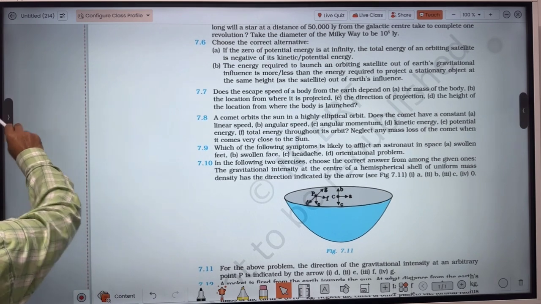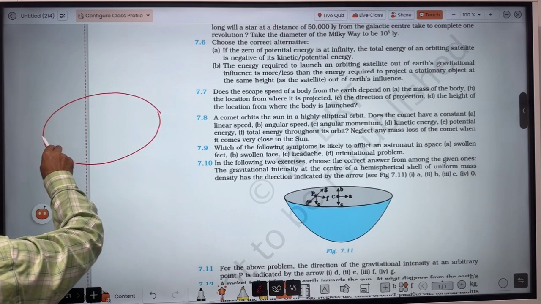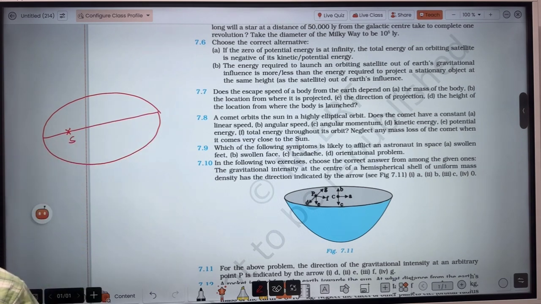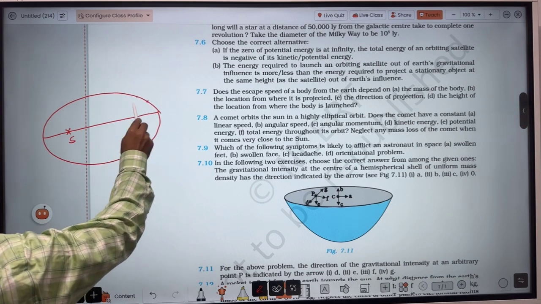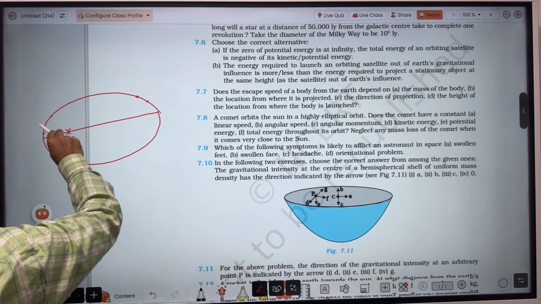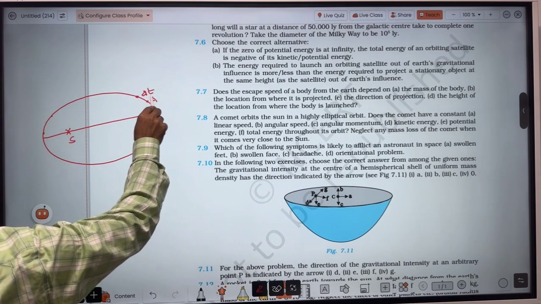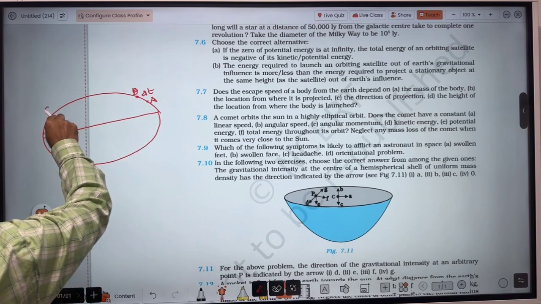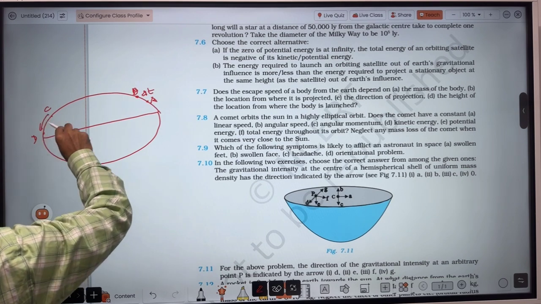If you remember, the orbit is like this and the sun is supposed to be here. When the planet is here, it will move slower because areal velocity is constant. But when the planet is here, its speed will be faster. For the same time interval delta t, the planet will cover A to B, and for the same time it will cover C to D.